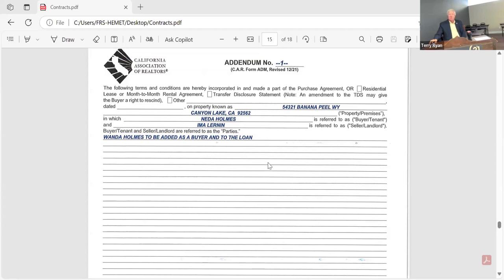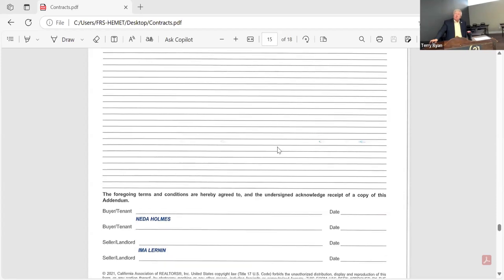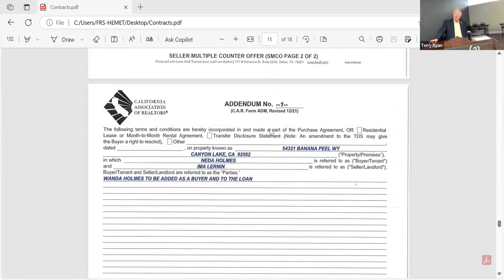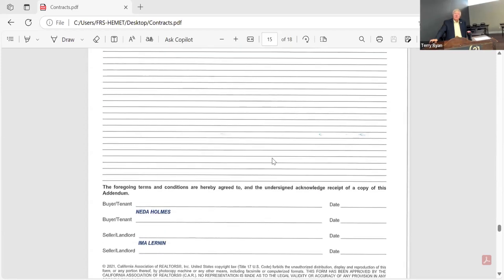Notice how many lines are on here, which means that you can correct about anything you have to. The only thing is that you remember, when you have a correction, it needs to be acknowledged by both.